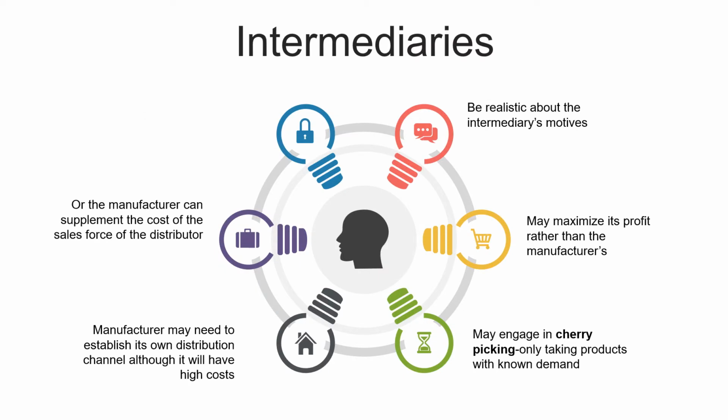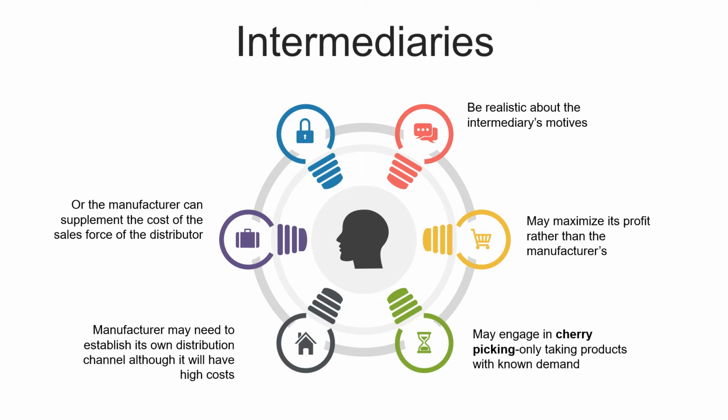We continue on intermediaries. When you deal with intermediaries, you must be realistic about the intermediary's motive, which may be to maximize its own profit rather than the manufacturer's. Intermediaries may engage in cherry picking, when they only take products with known demand.